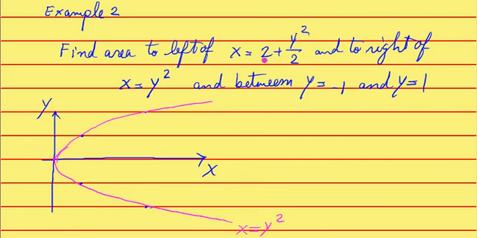How about x is equal to 2 plus y squared over 2? Well, that's going to be, perhaps here's 1, 2. When y is 0, x is 2. When y is 1 or minus 1, this is going to be 2.5. So a rather wider parabola.